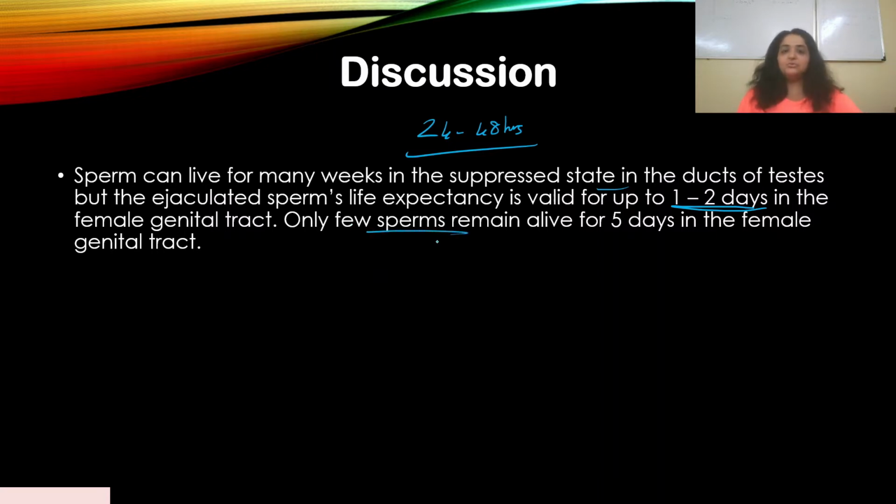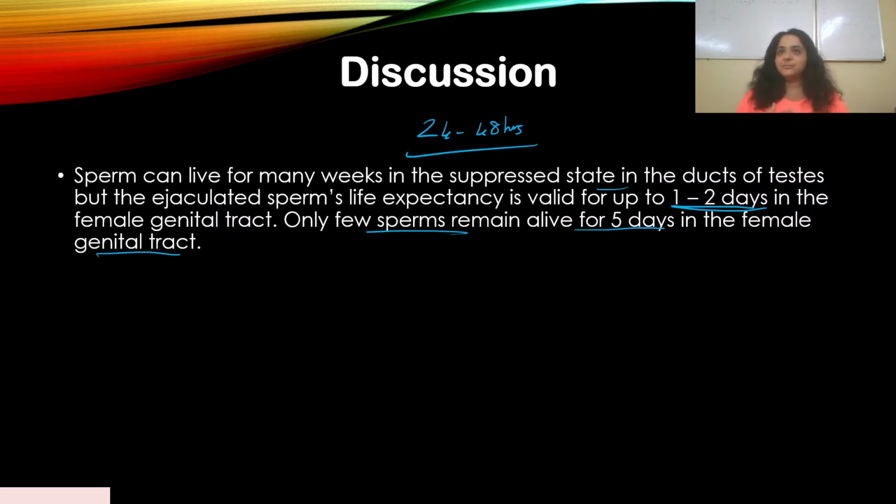Now, only few sperms remain alive for 5 days in the female genital tract. So don't take 5 days as all the sperms being alive for 5 days. It is not true. The majority of the sperms are alive for only 1 to 2 days, but only a few sperms remain alive for 5 days.